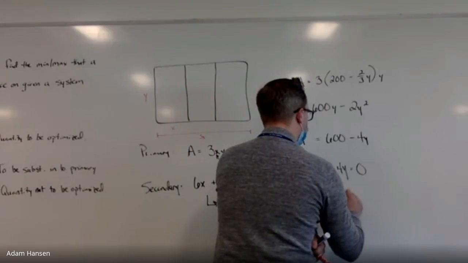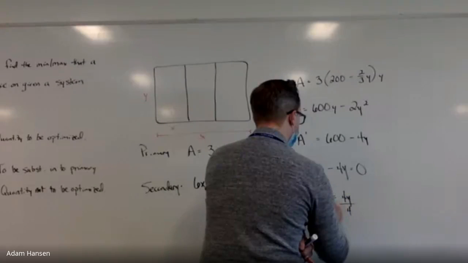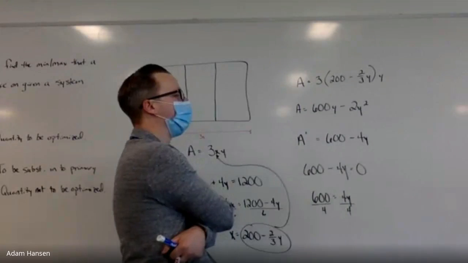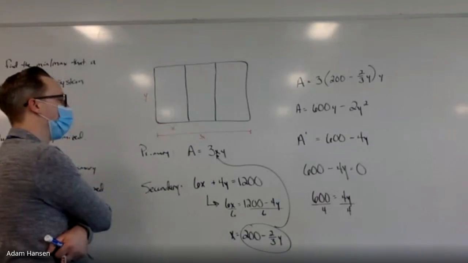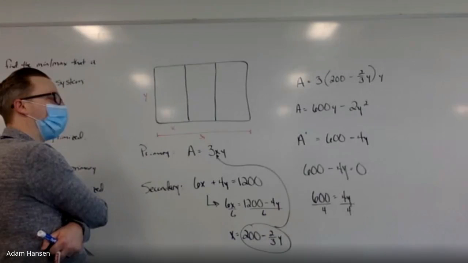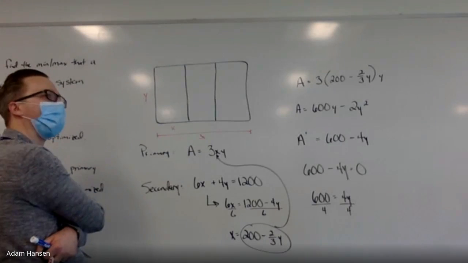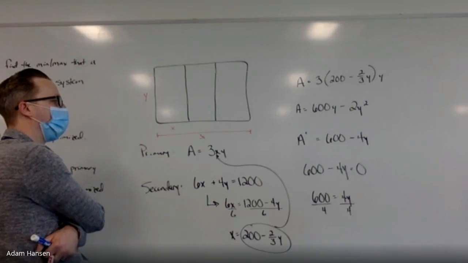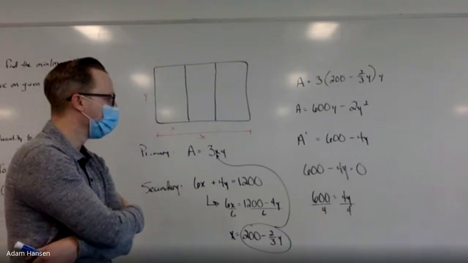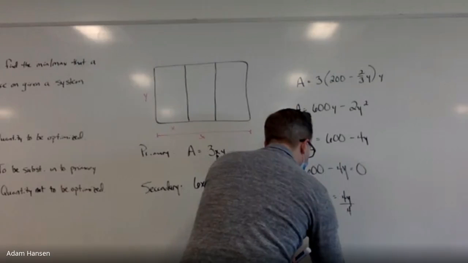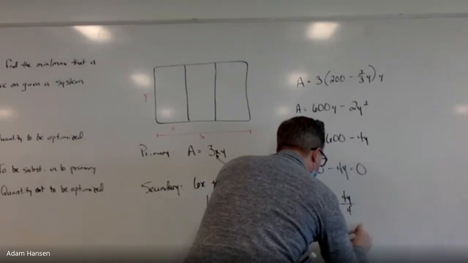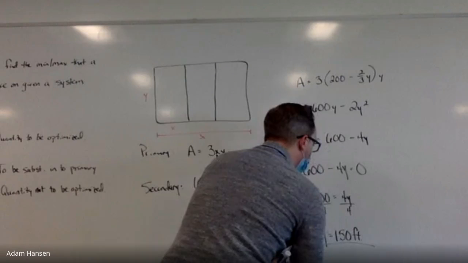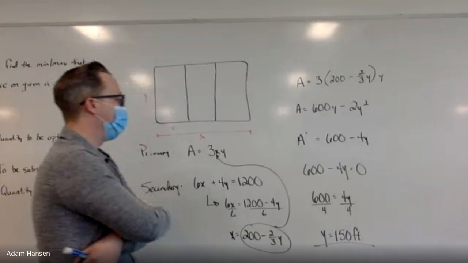See here, 600 equals 4y, and then divide by 4. 600 divided by 4. So 4 divides into 400, 100 times, 200 more left over. Is that 150? y is 150 feet.